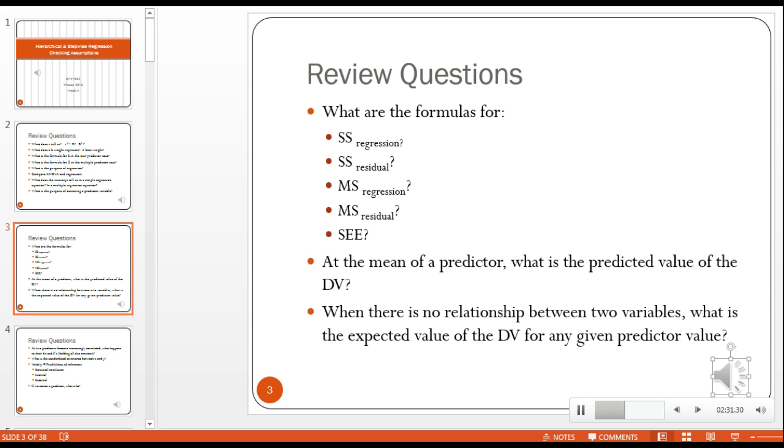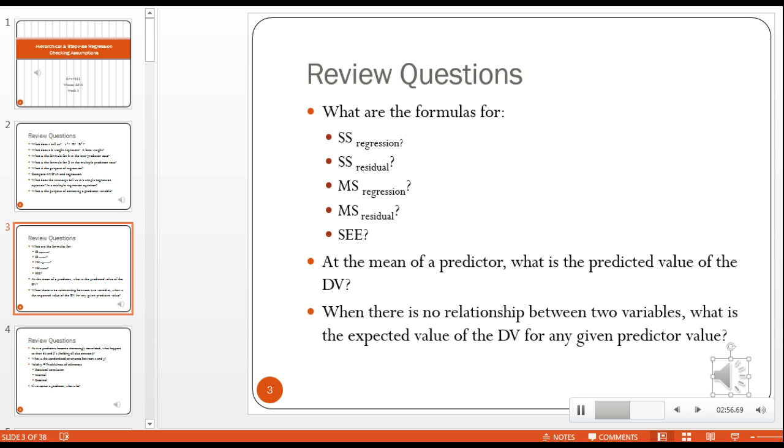The SS residual, on the other hand, we don't want that to be large. SS residual is an index of how poorly we're predicting the DV. So remember, it is the sum of the squared deviations between the observed value of the DV and the predicted value. And so we want those deviations to be as small as possible.